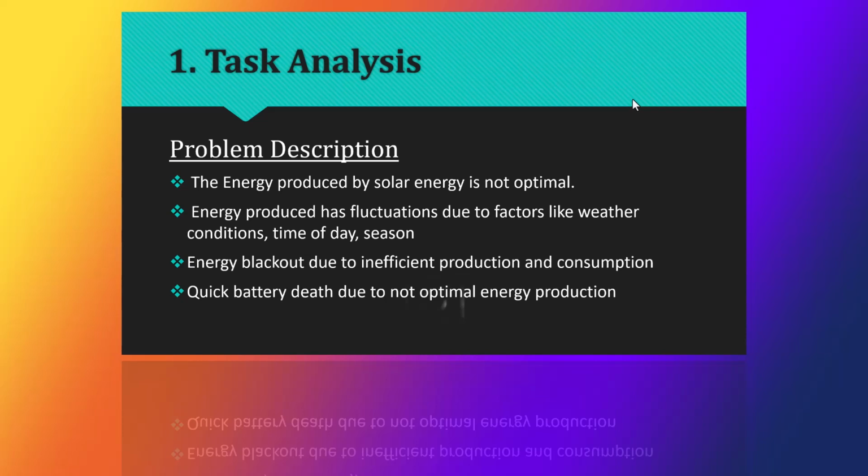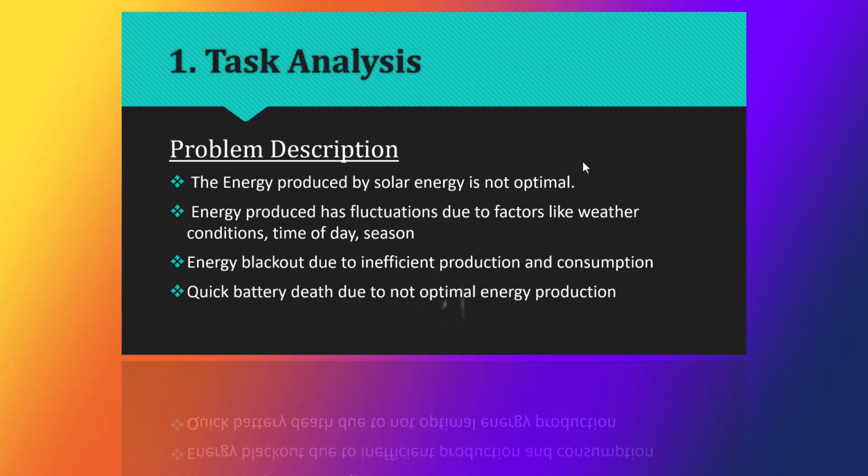In the task analysis section, we have the problem description. So the problem is the energy produced by solar energy is not optimal. Energy produced has fluctuations due to factors like weather condition, time of day, and season.